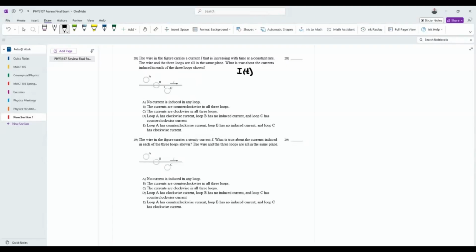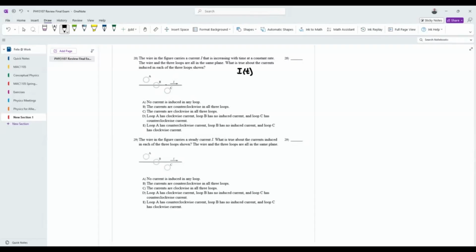So we have three rings, or three loops. They say the wire in the figure carries a current I that is increasing with time at a constant rate. The wire and the three loops are all in the same plane. What is true about the currents induced in each of the three loops given below?